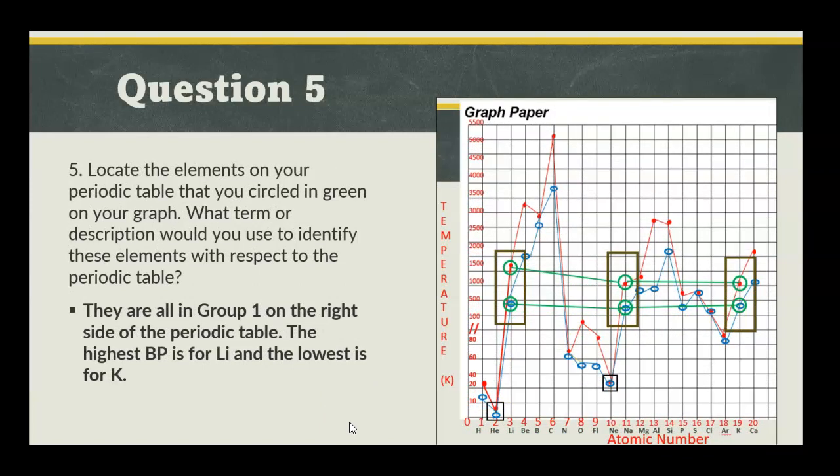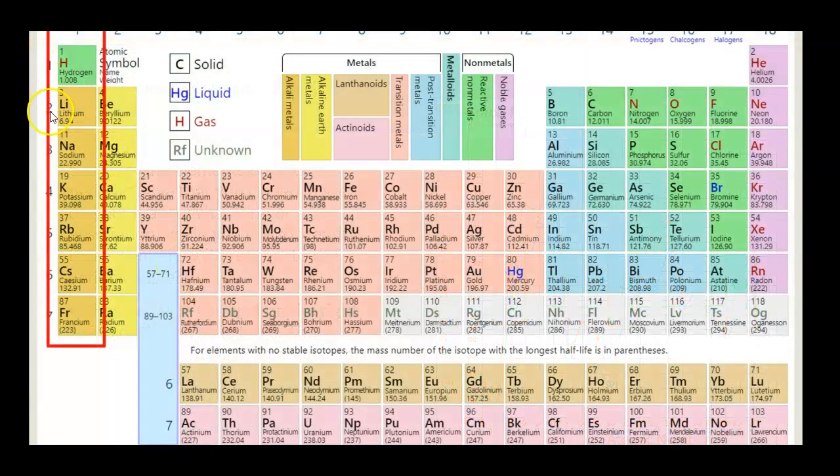On number 5, it says locate the elements that we circled in green. What term or description would you use to identify these elements with respect to the periodic table? So we're looking at lithium, sodium, and potassium. If we go to our periodic table, we can see that they're right here.